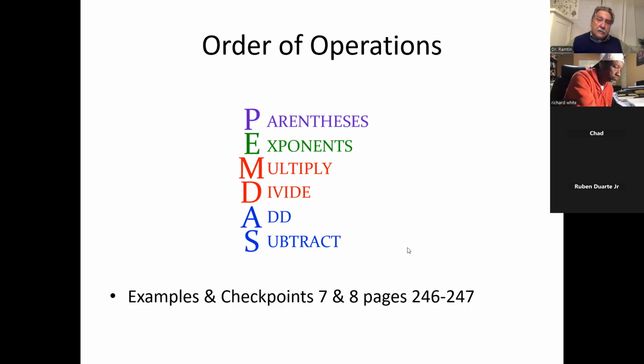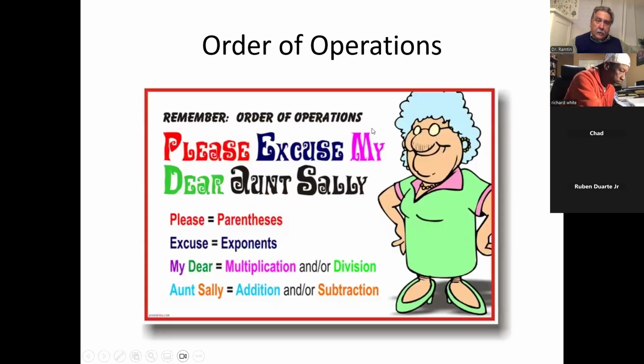There is this kind of phrase, please excuse my dear Aunt Sally: P for parentheses, E for exponent, my dear for multiplication and division, and Sally for addition and subtraction. First we do the parentheses, then everything else we go from left to right.